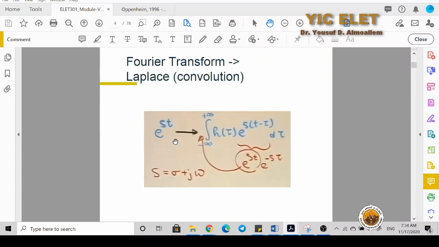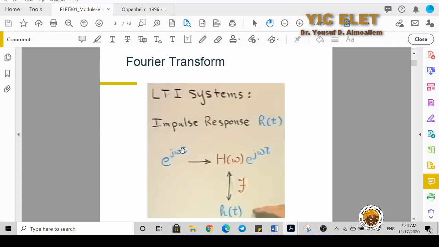Now, if we want to generalize this concept from a purely imaginary exponential function, this one here, the exponent is purely imaginary, right?